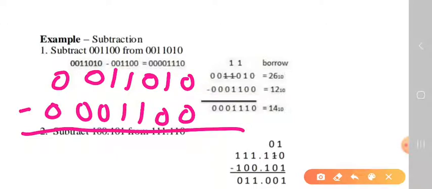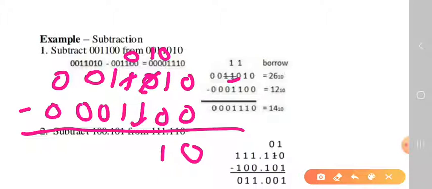Subtract. As I told you, what is the subtraction rule? When 0 is subtracted from 0, it will give you a 0. When 0 is subtracted from 1, it will give you 1. But here the number is less than this number, so you have to take a borrow over here. You just cancel it and make it 0 over here, and this one will become 10 as it is written in here.